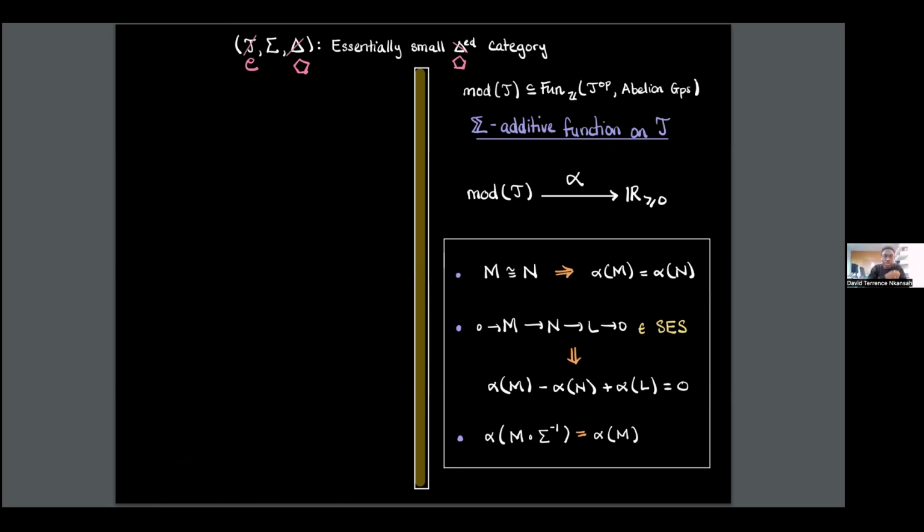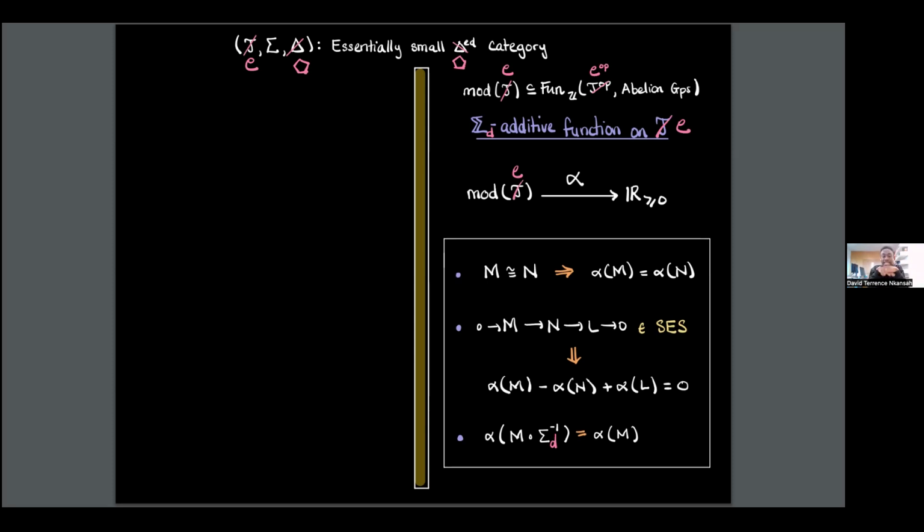So what we're going to do is forget about triangulated categories and look at D plus 2 angulated categories. So we replace the T's with a C, the triangles with these pentagons, and so on and so forth. The definition we saw second was these sigma invariant functions on T. And I just want to stress here that this definition will still work nicely if I replace T with a D plus 2 angulated category, which is what I've just done here.